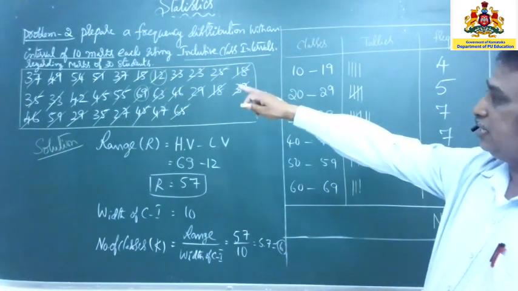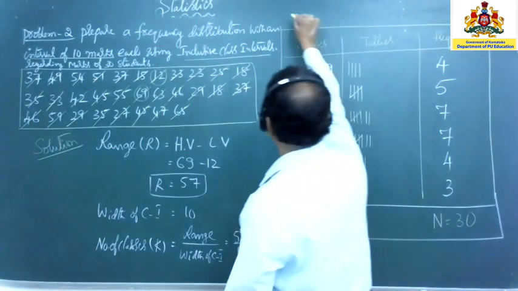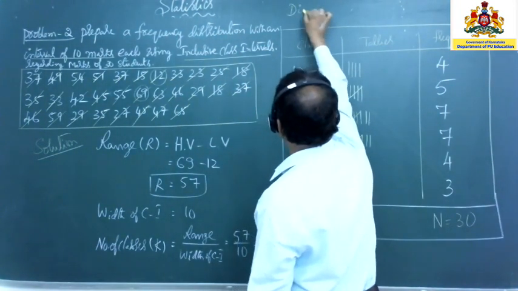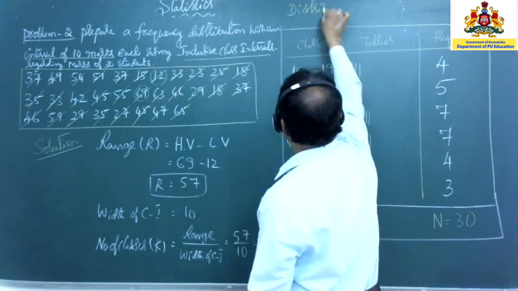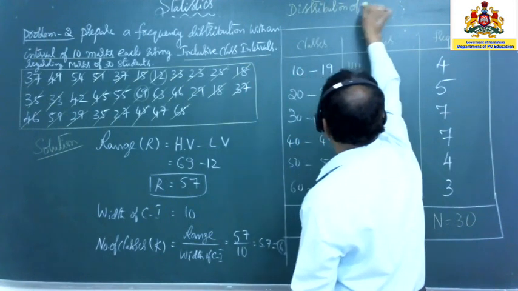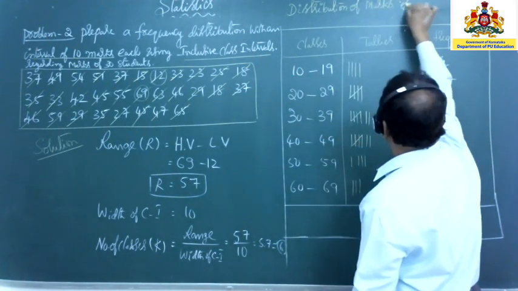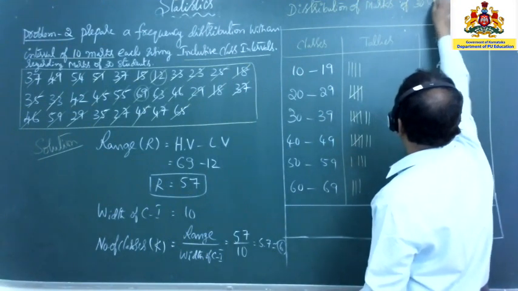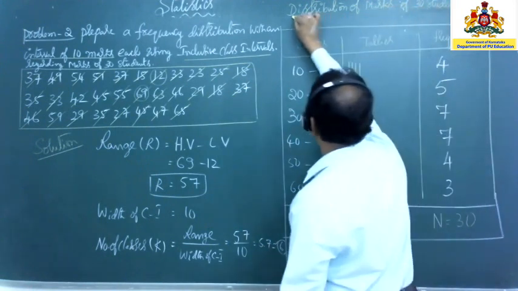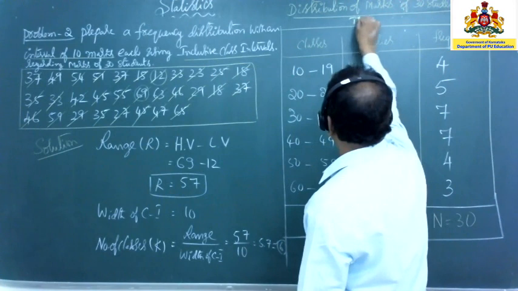Here it is the marks of the 30 students: distribution of marks of 30 students. It is inclusive type of class intervals.